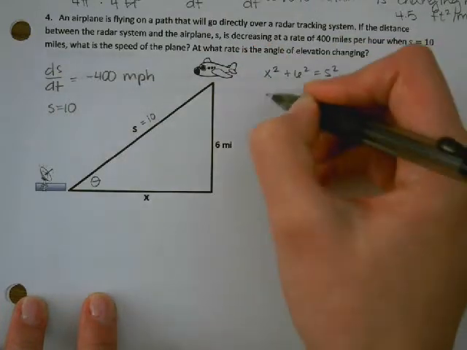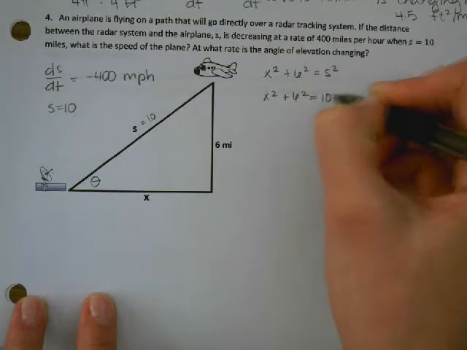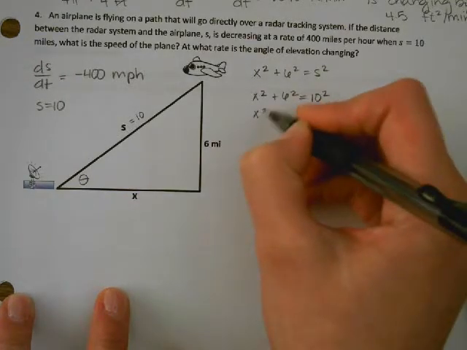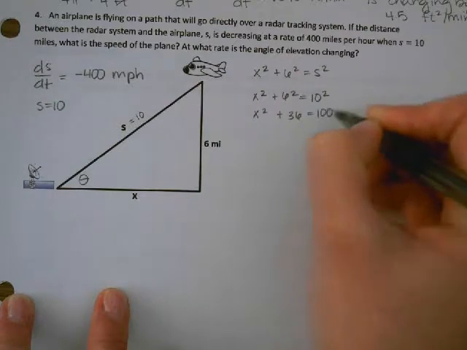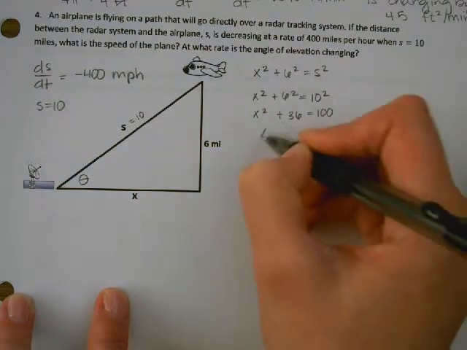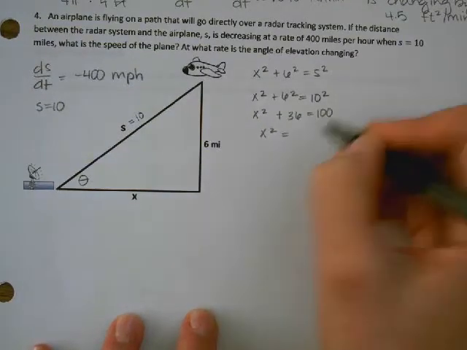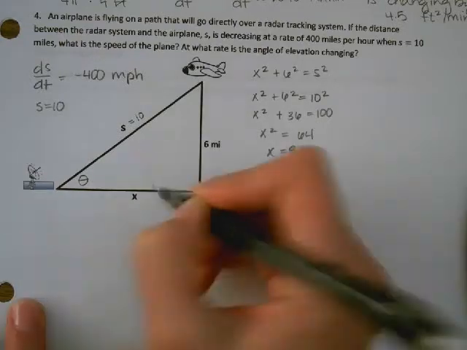We can go ahead and say x squared plus 6 squared equals 10 squared. So x squared plus 36 equals 100. So x equals 8, is that what you guys just said? Yeah. You guys are so fast.